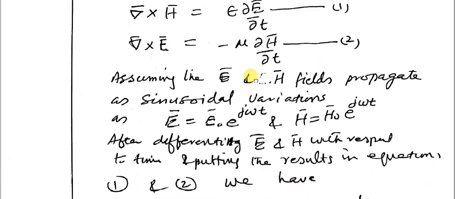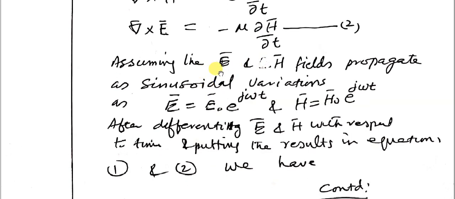Assuming that the E and H fields propagate as sinusoidal variations, E is given as E0 e^(j omega t) and H is equal to H0 e^(j omega t).